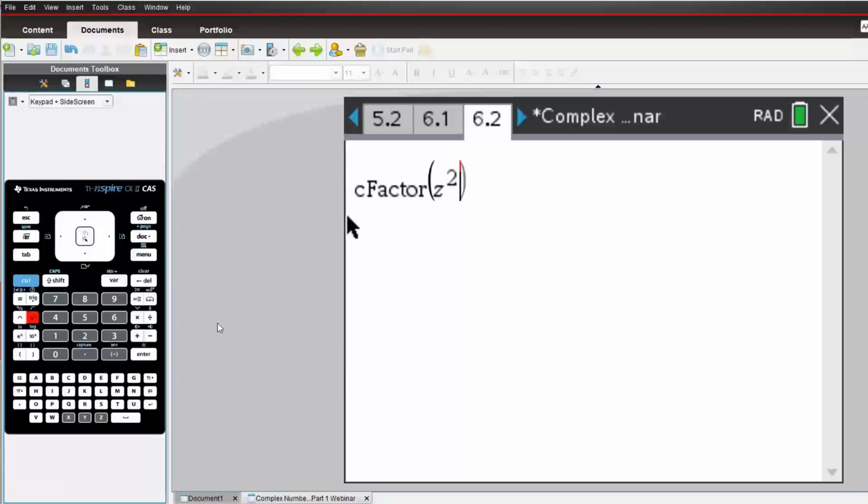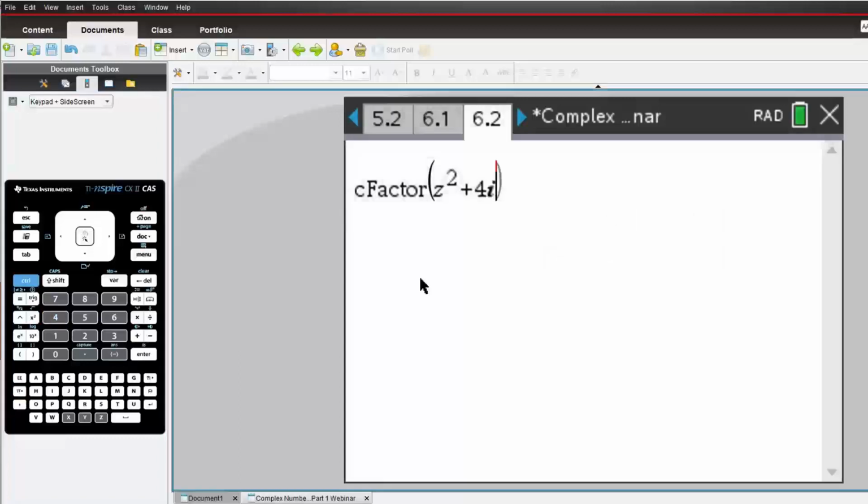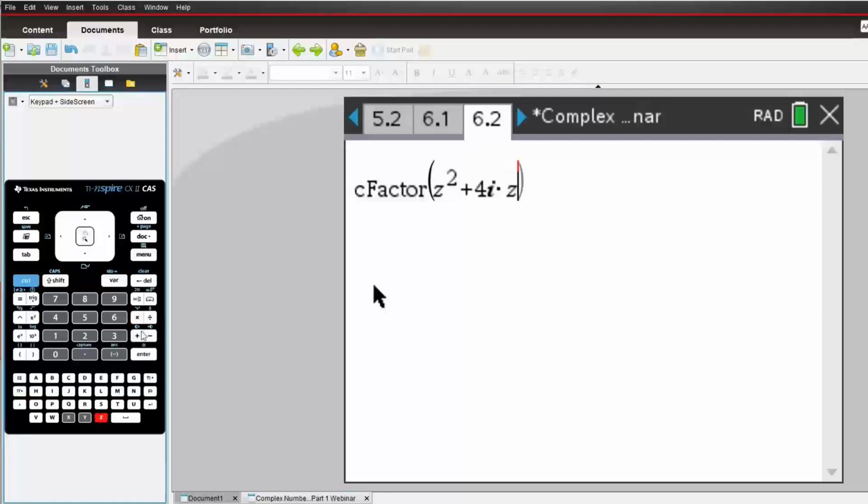So we go z squared plus 4i times z plus 5. That was our quadratic. And you need to say that the variable is z.